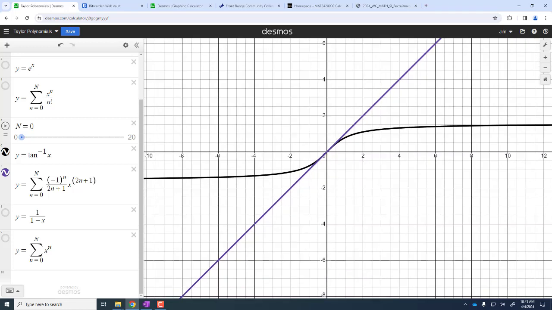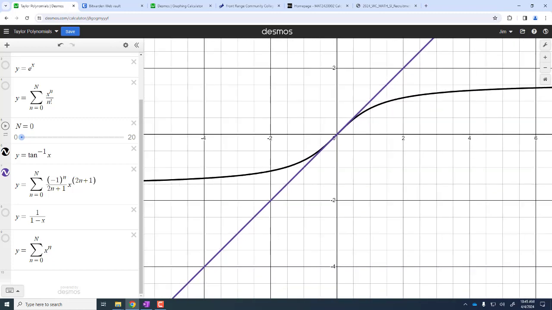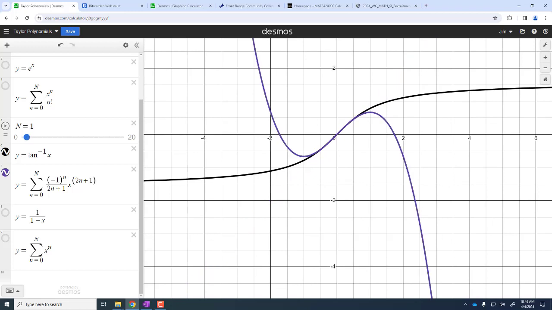So this is similar to sine of x in that sine of x and x we saw earlier are approximated by each other when x is small. Similarly for arctan. Arctan of x and x are about the same if you're near the origin. And same idea. There's not even powers for the inverse tangent Taylor polynomials.